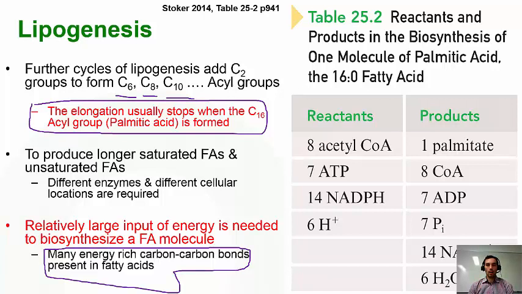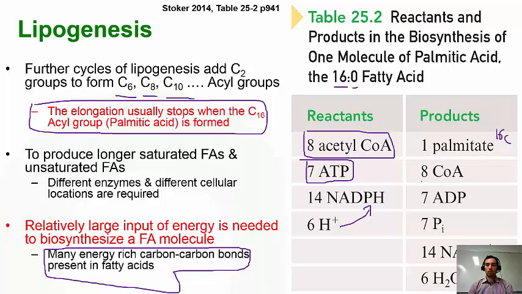So to create our palmitic acid that contains 16 carbons, no double bonds, which we see by the 0 here, then essentially what you need is 8 acetyl-CoA, you need to put in 7 ATP, 14 NADPH, because remember we need 1 for each of those redox reactions in lipogenesis, and we also need some extra H plus to combine with the H plus that's coming off our NADPH. And this will give you the 16 carbon fatty acid, which we can call palmitic acid or palmitate.